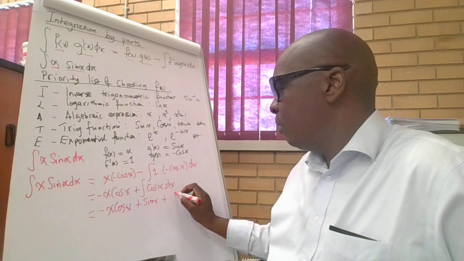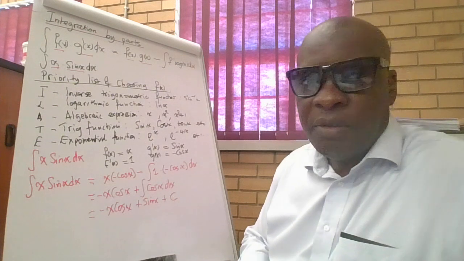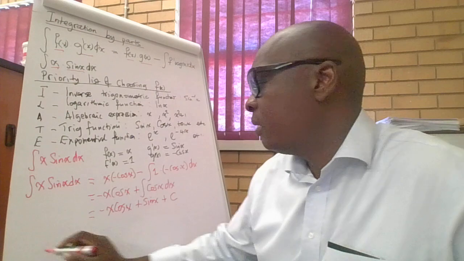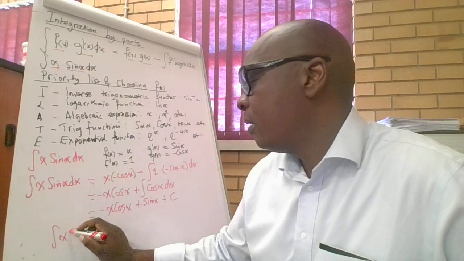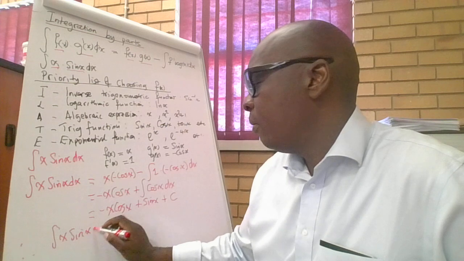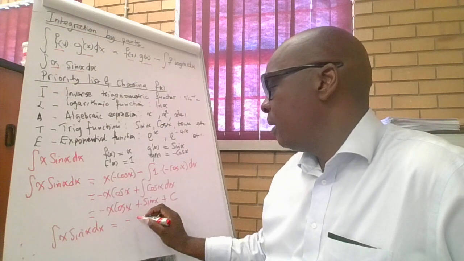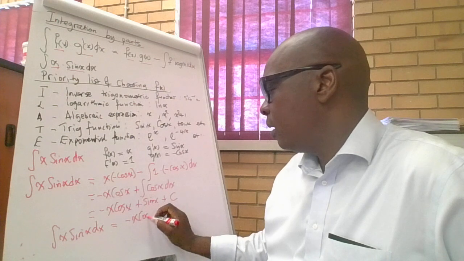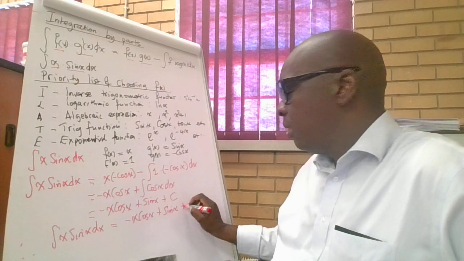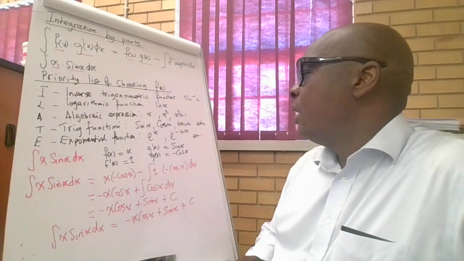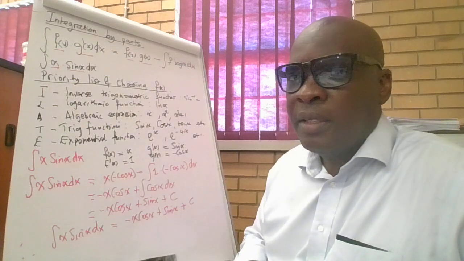And of course, I do have the constant of integration c. So in other words, if we integrate x sine x with respect to x by parts, what I should get is minus x cos x, and of course plus sine x plus c. That would be my solution of the integral of x sine x.